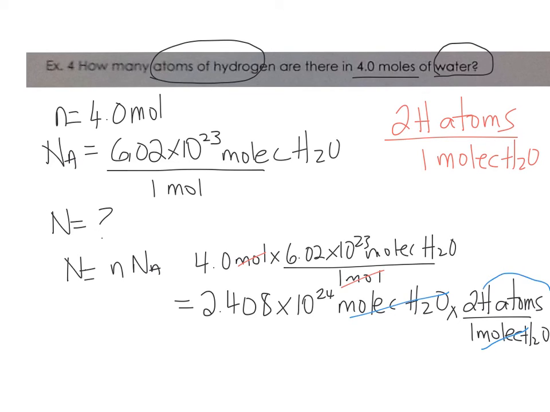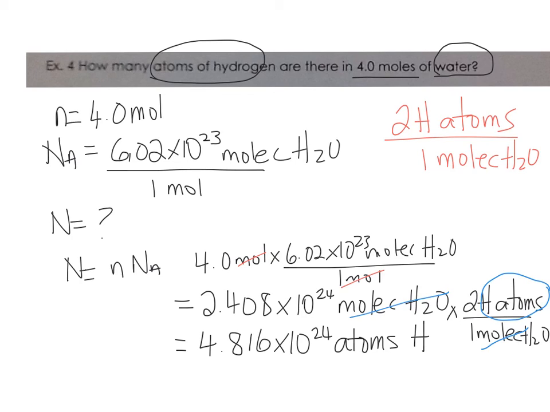So my units that are left are hydrogen atoms, so now I just have to do the math. 2 times 2.408 times 10 to the 24. So there's my number of hydrogen atoms.